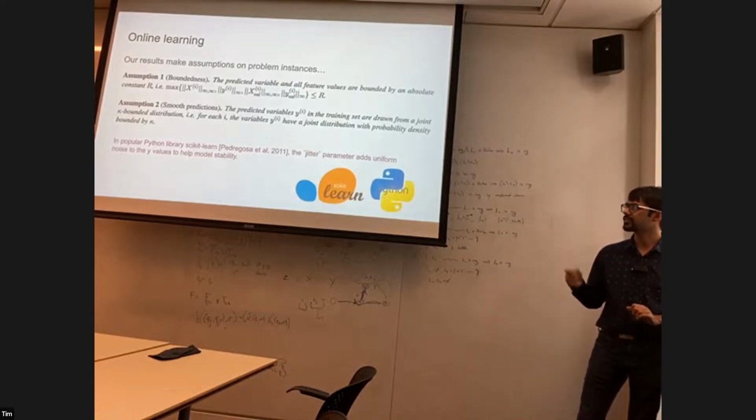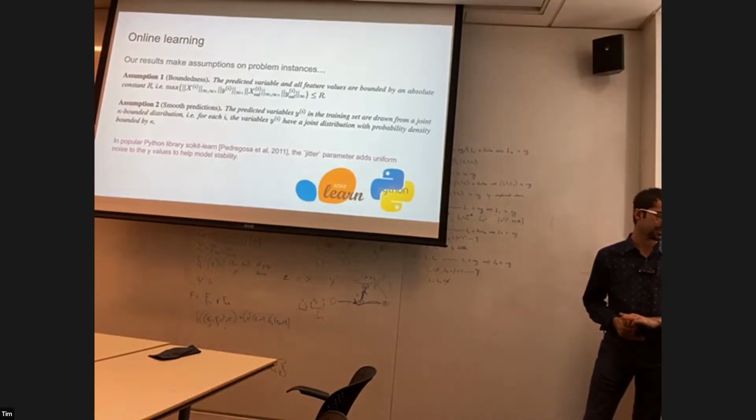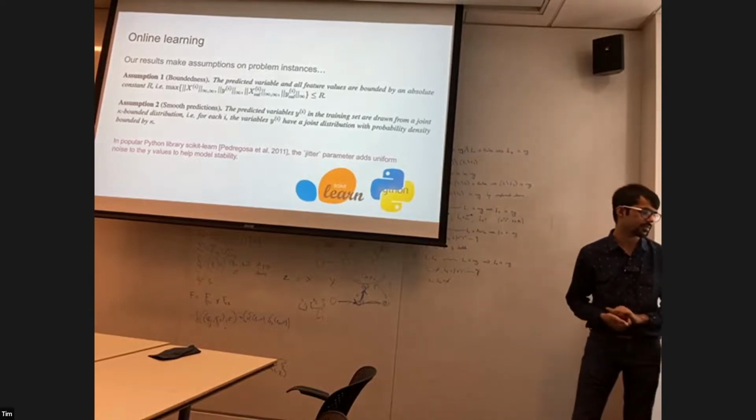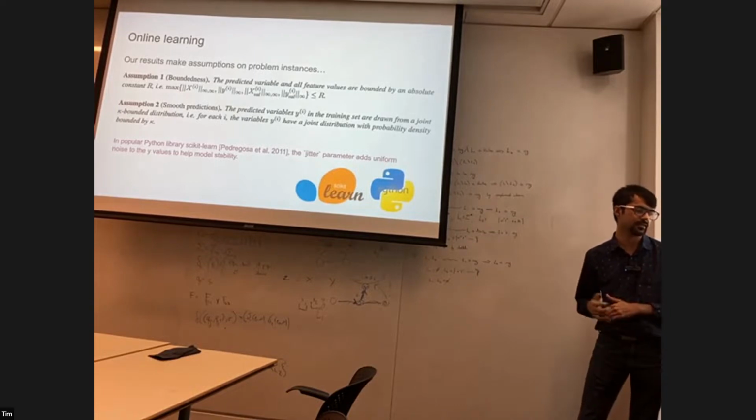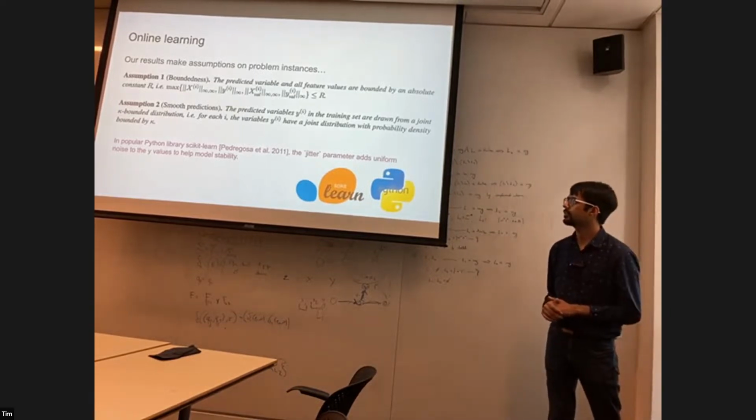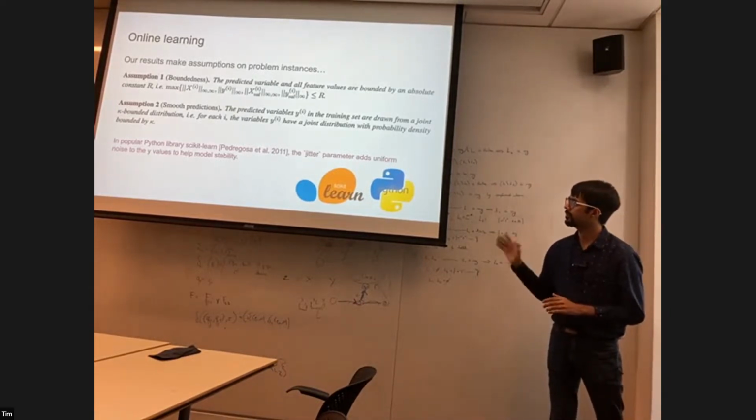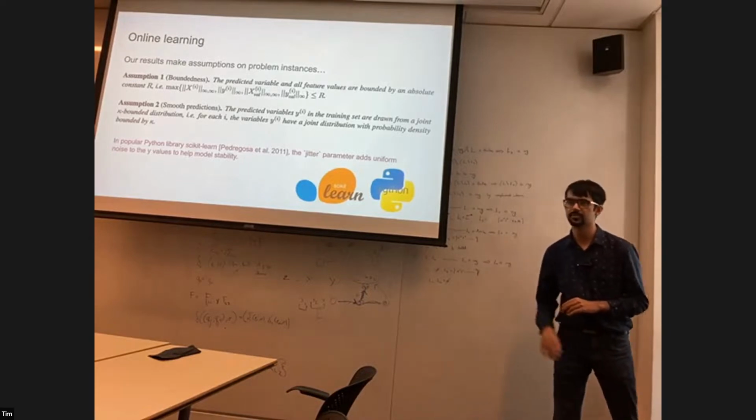But by adding this jitter, you get more stable outputs in terms of which features are important. So people generally add this jitter, and this motivates our assumption that we allow y_i to come from some smooth distribution.